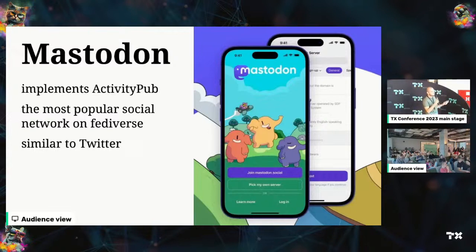Because it's so popular, it's pretty much the way most of us got introduced to the Fediverse. On the image, you see the official Mastodon app, where you can join Mastodon.social, their official instance, but there are so many others that you can select. It's also not the only app, because everything is based on the protocol. There are other third-party apps with more or fewer features that you can use instead of the official one.